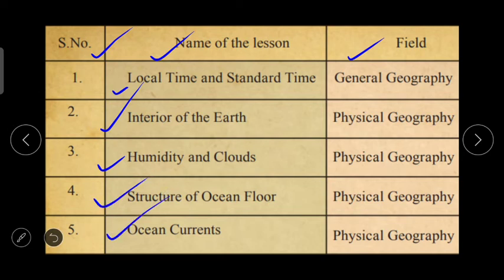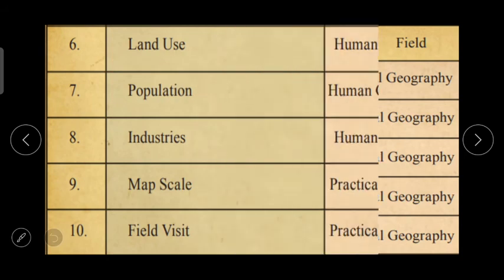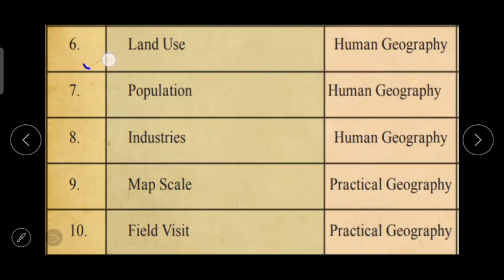Now these 5 topics we have to study for first term, and in the second term we are going to start with land use, then population, then industries, map scale, and the last topic, field visit. So altogether 10 topics we have to study in our geography textbook, and the first one is local time and standard time, and the last topic is field visit.